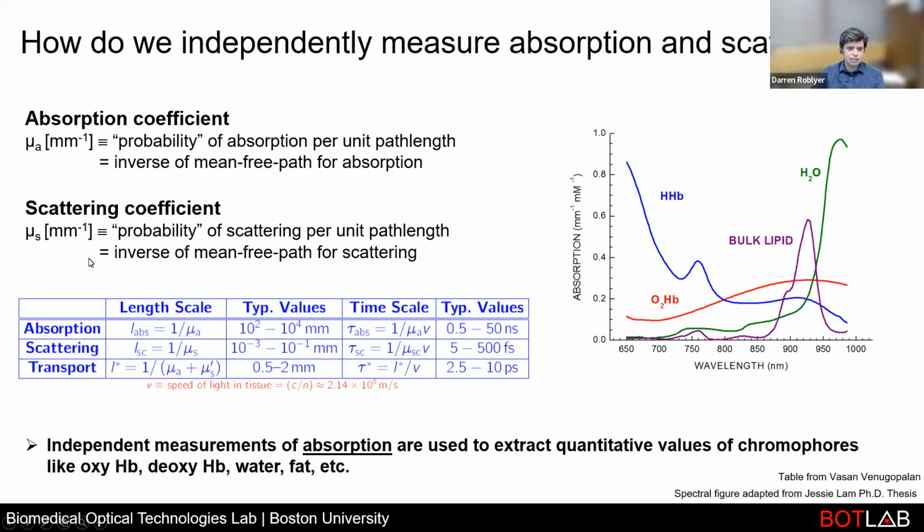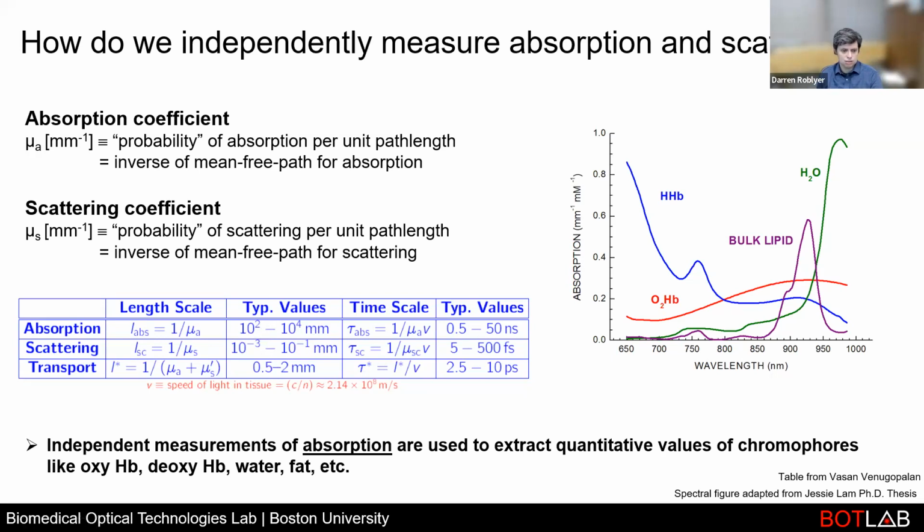And this is the same for the scattering coefficient, mu-S, the probability of scattering per unit path length. And the table here gives us a few typical values for the path length for mu-A and path length for mu-S. So in tissue, a photon travels between 10 to the power of 2 or 10 to the power of 4 millimeters before it's likely to undergo scattering. Much shorter path lengths for absorption, much shorter path lengths for scattering.